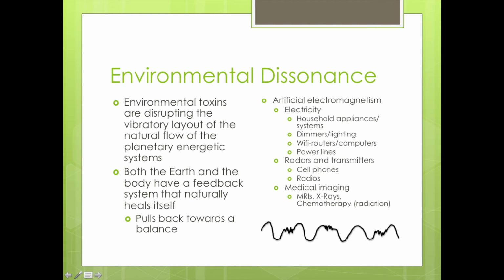So certainly other people's energy can also be disconcerting or agitating, and can create dissonance in the body. Even disruptive noises, so city noises or machinery and such, those can be rather off-putting as far as the noise itself goes. But both the earth and the body have a feedback system that naturally heals itself, so it pulls back towards a balance.